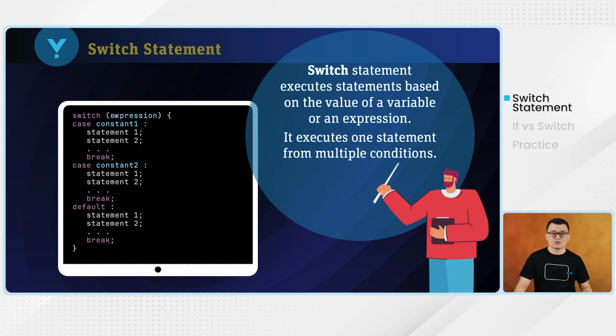So when I create a switch statement, first I give the switch keyword, and then within the parentheses, I will pass an expression. The expression that I pass here needs to be a value, okay? And then after the expression, I need to define the scope of the switch statement by using opening and closing curly braces. Inside the switch statement, I could have multiple case blocks.